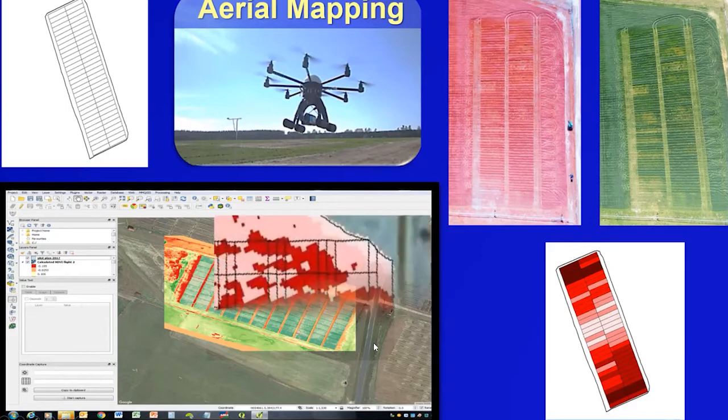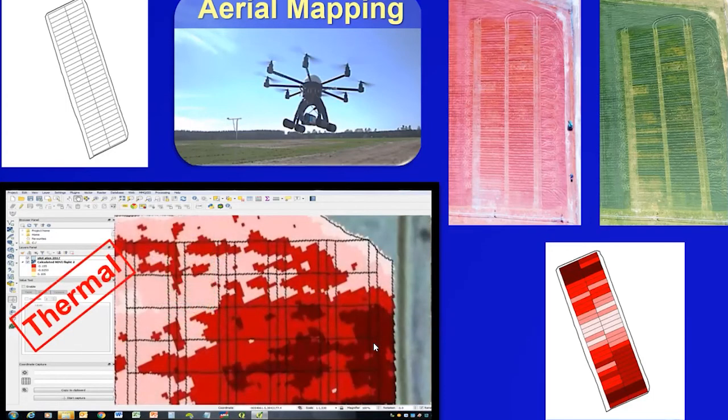So if you remember, we were talking about soil temperature. If we have a thermal camera on the drone, at the same time we will get the soil temperature, and we can make a decision or manage the soil temperature and adjust the planting depth or fertilizer application.